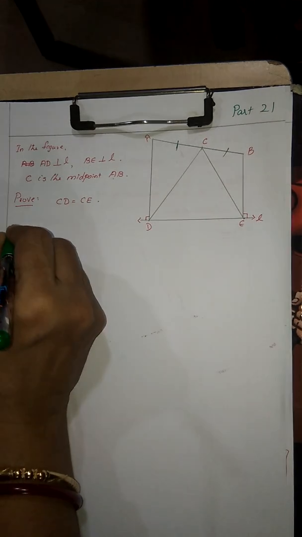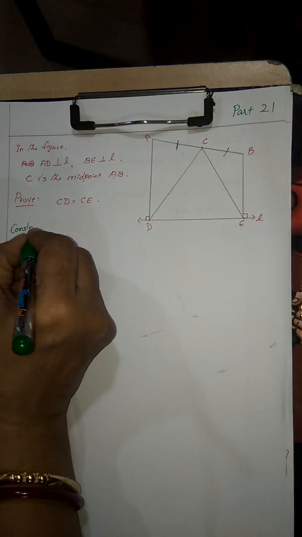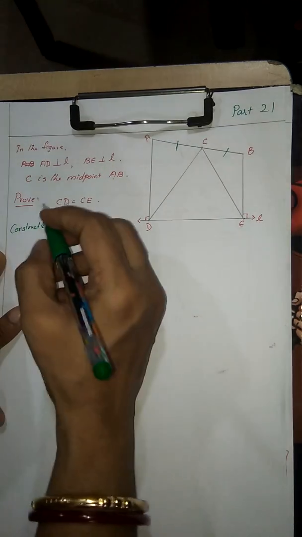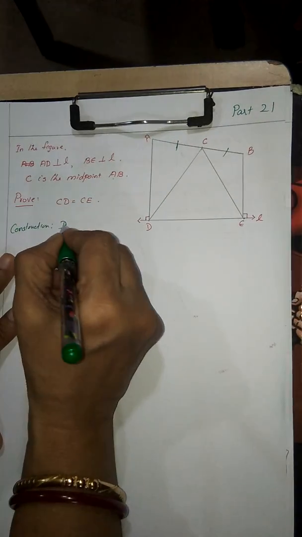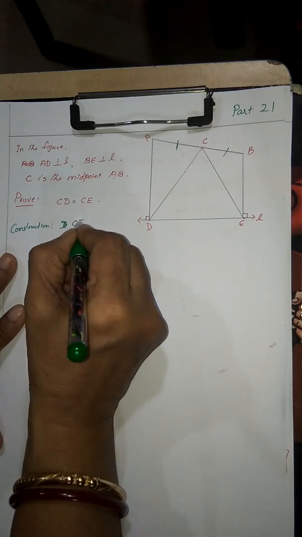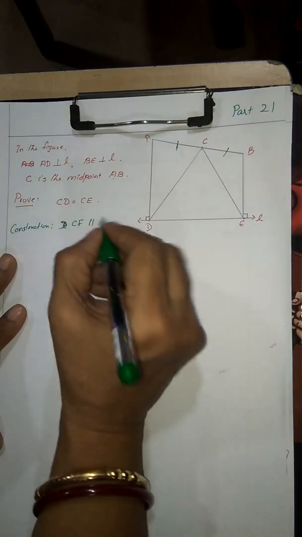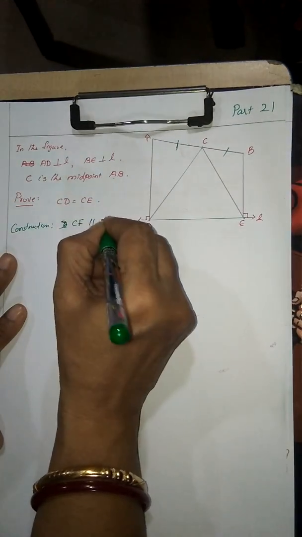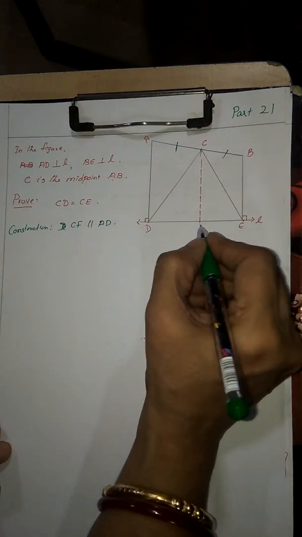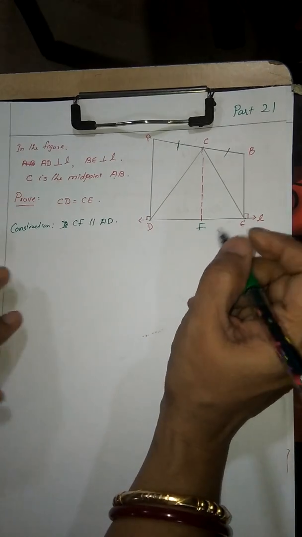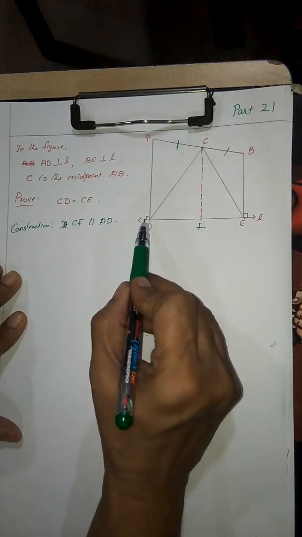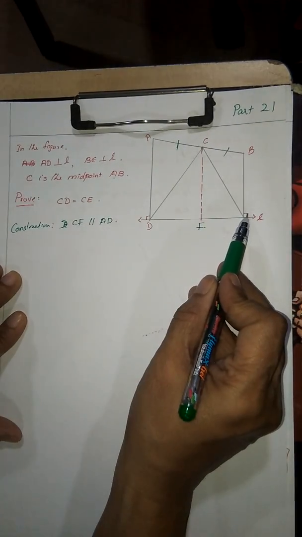So construction: we'll draw CF parallel to AD. So this is CF. Now all the three lines are parallel.